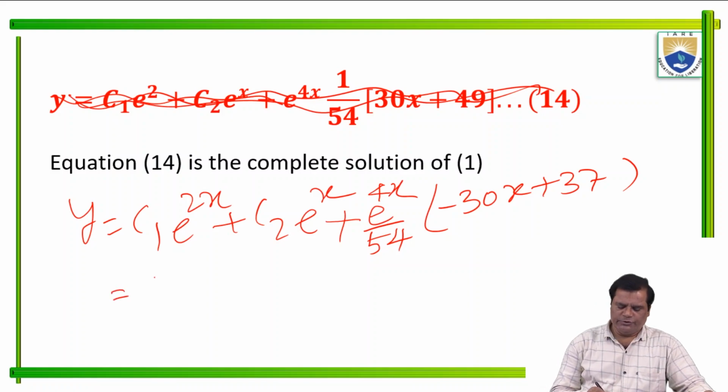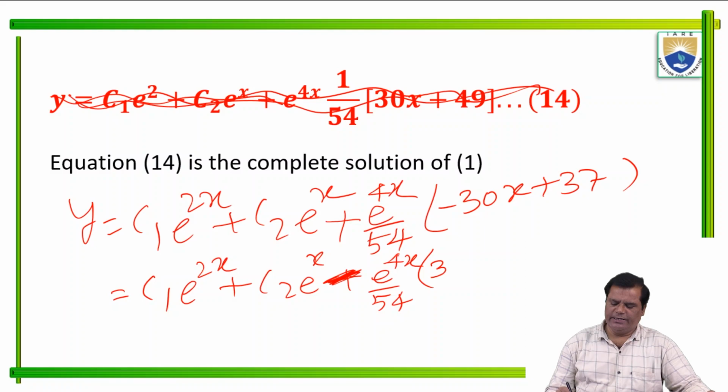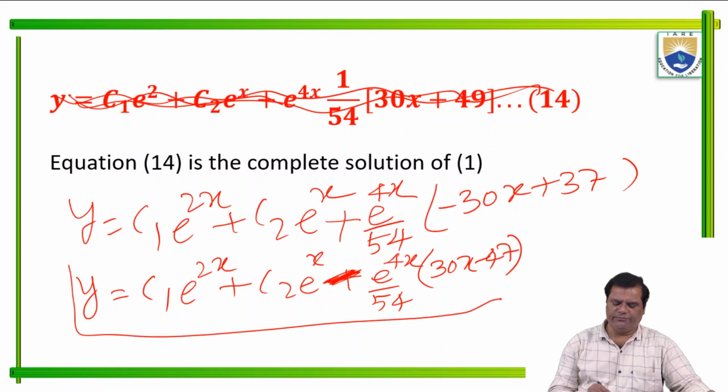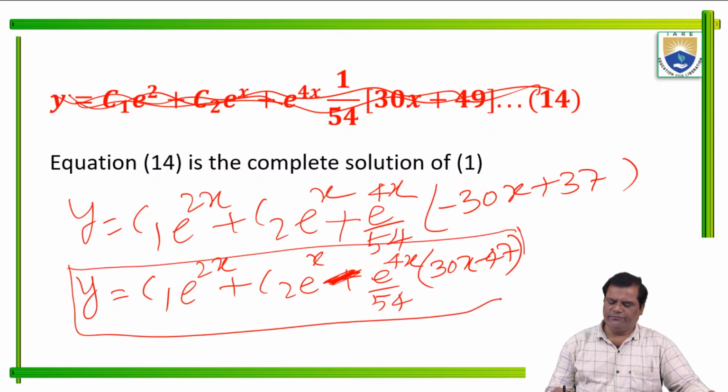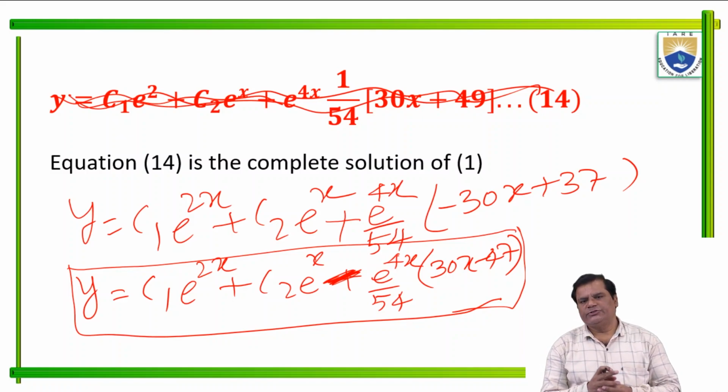So y equals C1 e^(2x) plus C2 e^x plus e^(4x)/54, taking minus common, 30x minus 47. So this is y, the complete solution of the question. Okay. So similarly, we can solve similar problems by the same method.